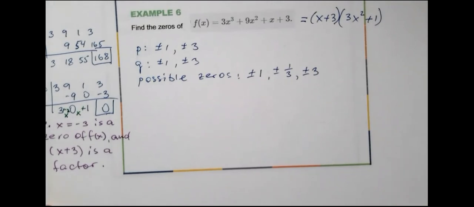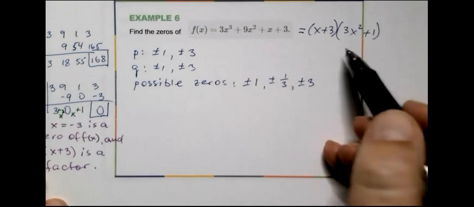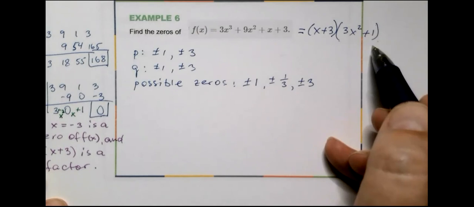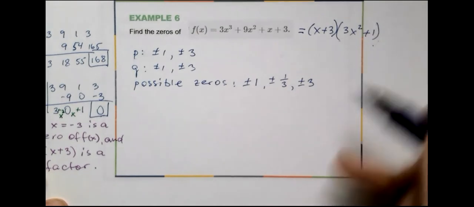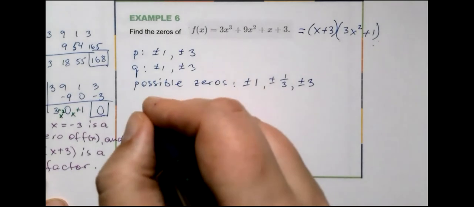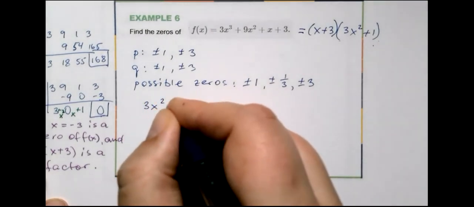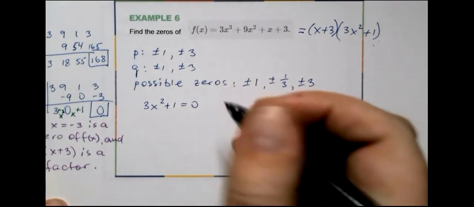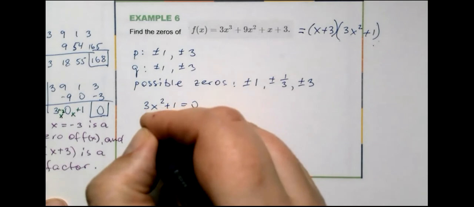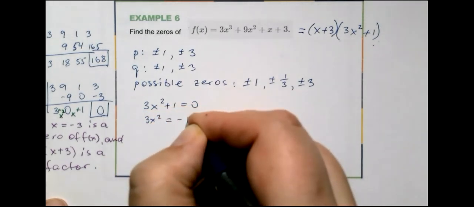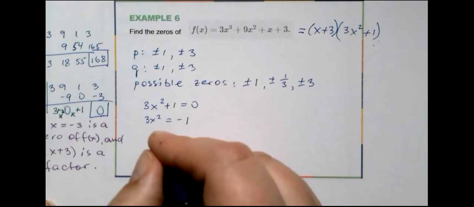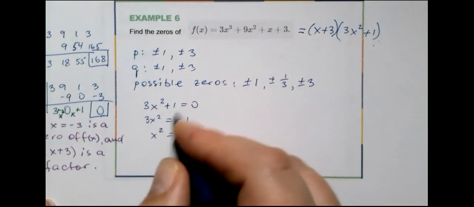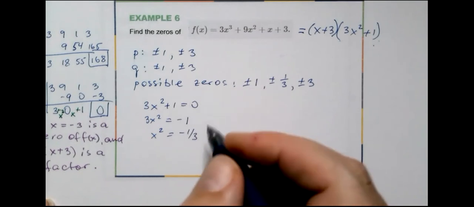Okay, so what's next? Next, we're going to try and find zeros from this portion. So I'm going to continue here. We're going to write 3x squared plus 1 equals 0 and solve this. So 3x squared equals negative 1, and then divide both sides by 3, negative 1/3, and then unsquare.